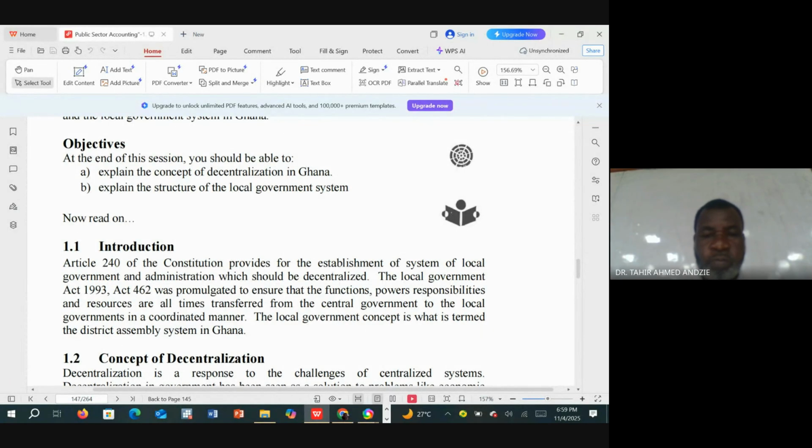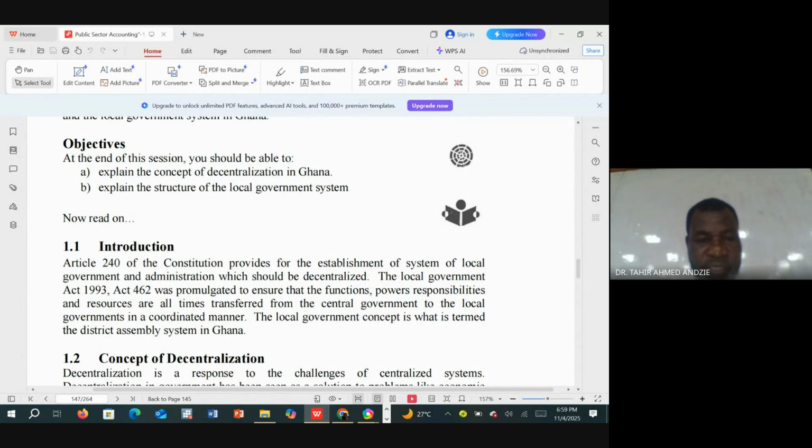Now, for development to be fairly distributed across the length and breadth of the country, the 1992 Constitution, Article 240, provides that we should establish local governments to see to the governance, to see to the administration of the policies of the government at the local levels.